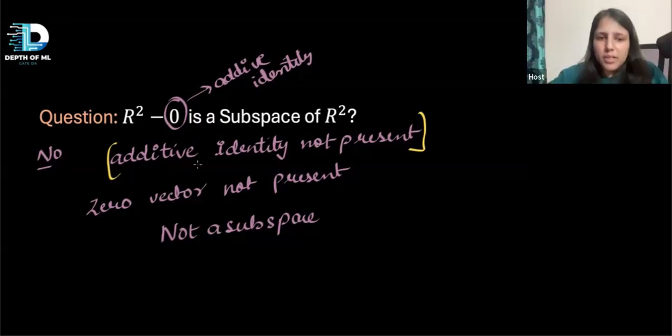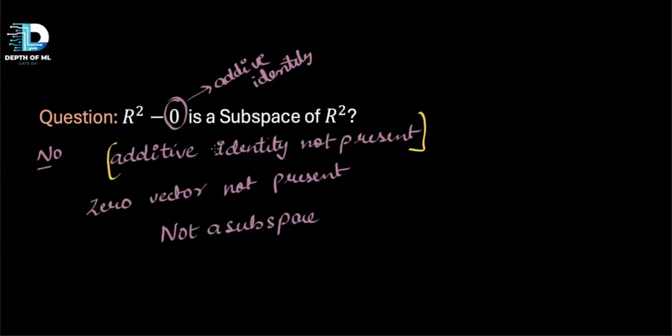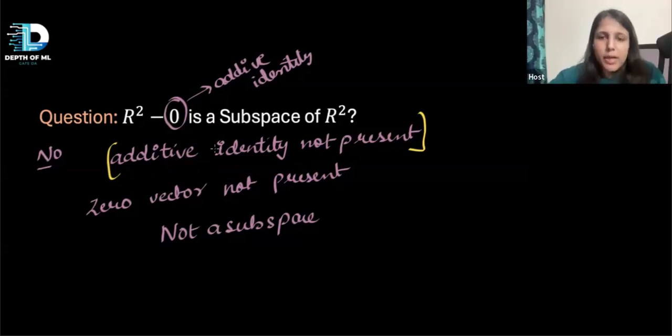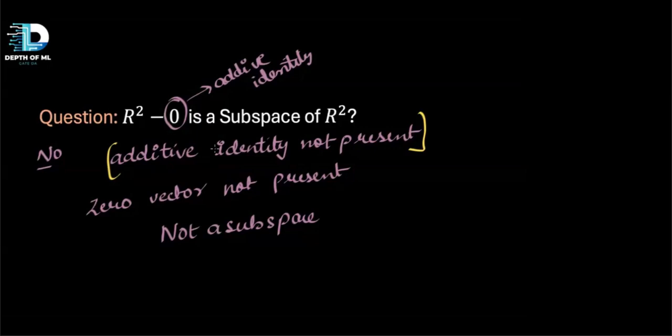So first of all, a subspace is also a vector space. It has to satisfy all the axioms of a vector space. It's just that it can have a lesser number of vectors compared to some standard vector space like R2. Okay, then it's a proper subspace.